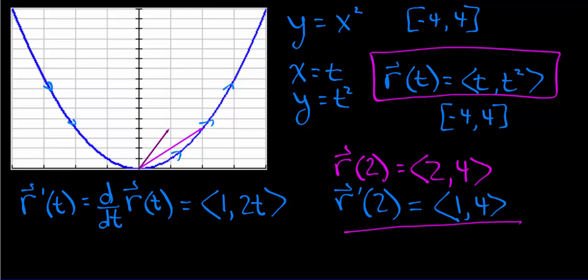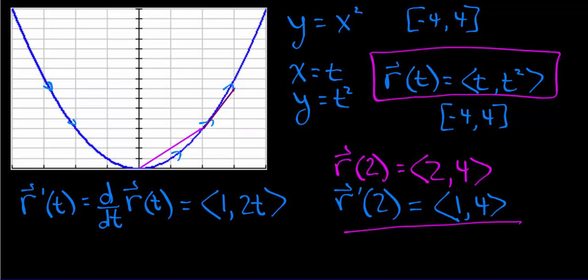There's my derivative vector. But generally, we're not going to leave it right there. When I'm talking about the derivative, I'm usually not going to have it coming from the origin. But this is the derivative vector. Here's what I want to do. I want to take that vector, and without changing its direction, magnitude, or anything, move it over and put it at the terminal point of this vector.